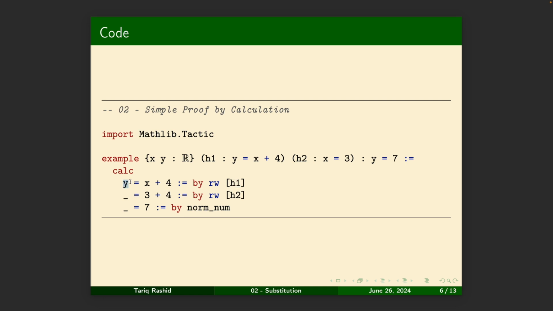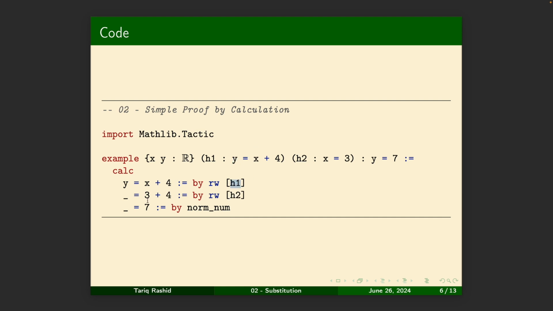So we're rewriting y as x plus 4. And we're allowed to do that because we're using hypothesis 1, which matches y and says, if you see y, you can use x plus 4 whenever you see y. So that's why y is x plus 4, because you say y is y and y is x plus 4 using this hypothesis.